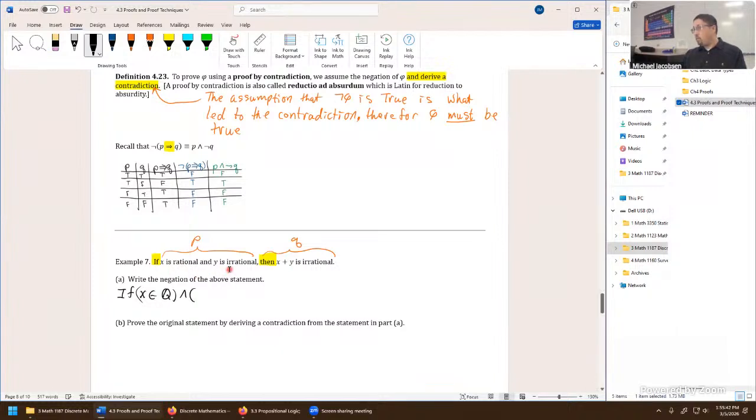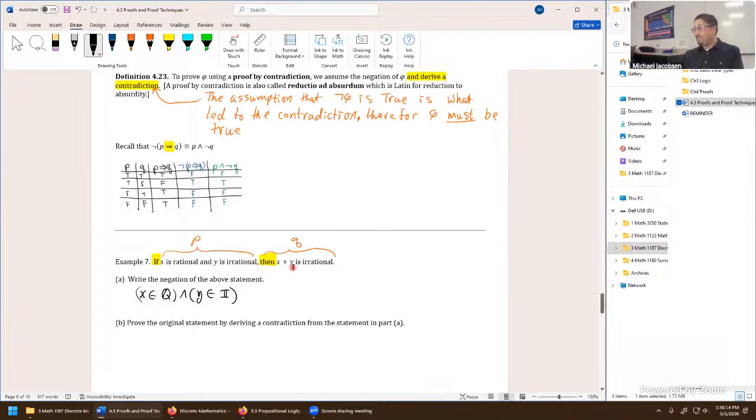and y is irrational means, hang on, I made a mistake here. It's tempting to write down the if, but recall, when we negate the implication, it's no longer an implication any longer. So me putting in an if-then makes no sense. We just have to say this part. X is rational and y is irrational, so y is in the set I, that's our symbol for the irrational numbers.